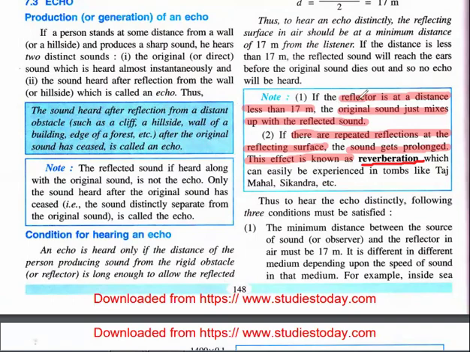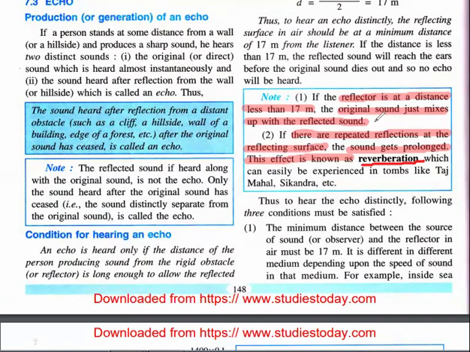So I hope you understood. If the reflector is at a distance less than 17 meters, the original sound just mixes up with the reflected sound. There are repeated reflections at the reflecting surface, and the sound gets prolonged.